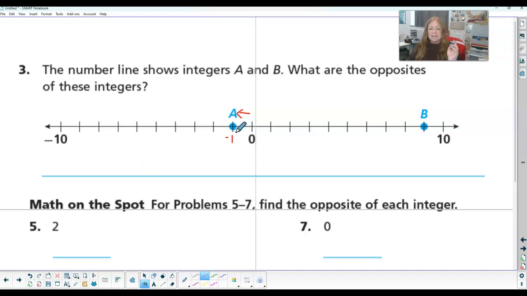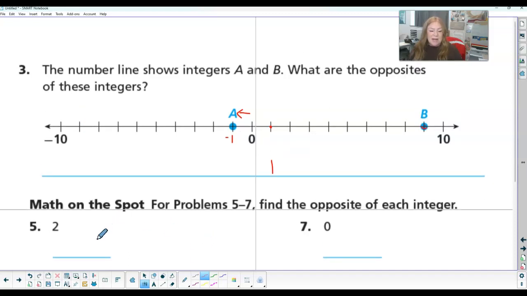So the opposite of A would be just to bump it to the other side of 0, and you would have +1. So now here we have B, and it's to the right, so it's positive. So see if you can write down what is the opposite of B here. So it needs to be this same amount of places on the negative side.